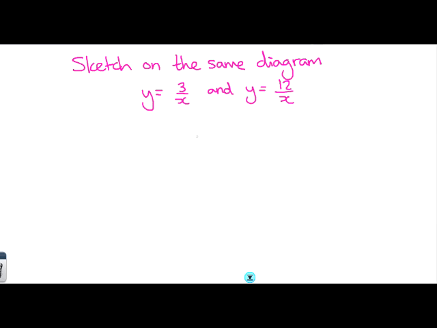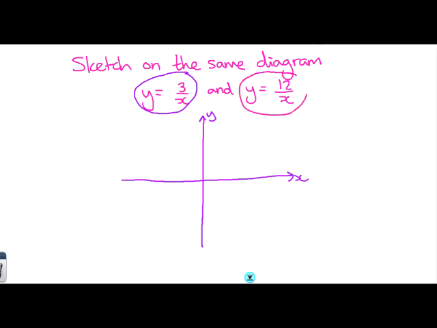So on the same diagram, so let's draw a diagram. Put our labels on, x and y. So this one I'm going to do in purple, and this one I would do in the pink colour. Now let's just choose a number for x. So if you imagine x to be 1, so when x is 1, let's say here, this one, 3 divided by 1, that's going to be roughly there, and this one's going to be right up there.